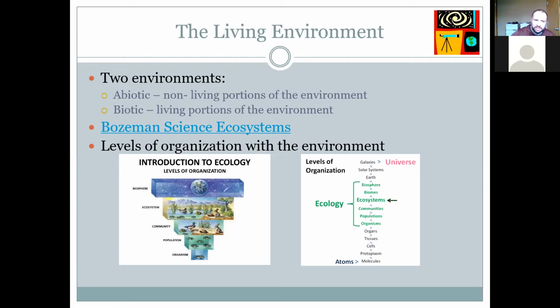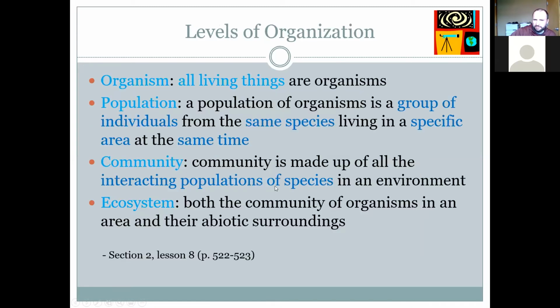So the next step up from that would be population. When you think of the word population, what do you think of? The population of Spokane is blank, or the population of Washington State, or the population of the United States, right? The amount of people living somewhere.